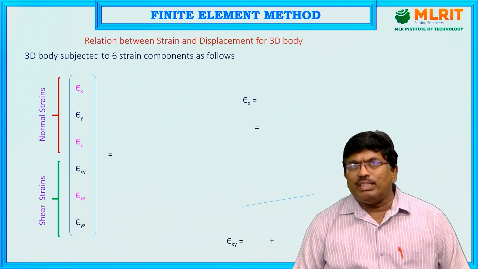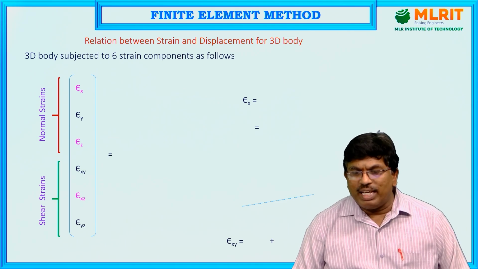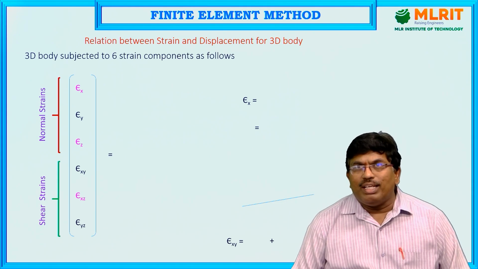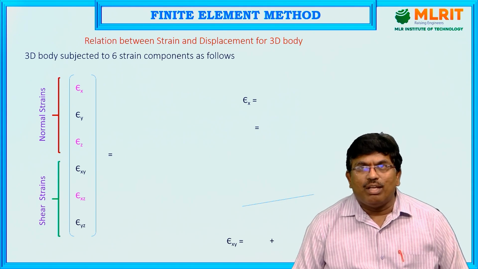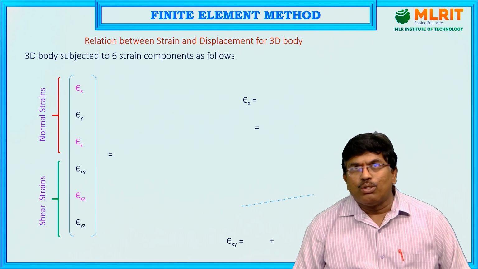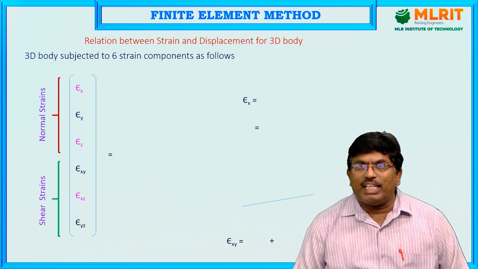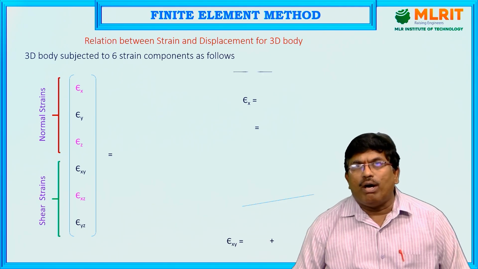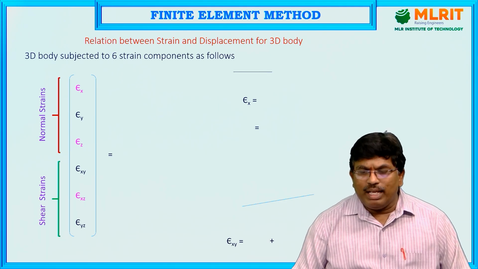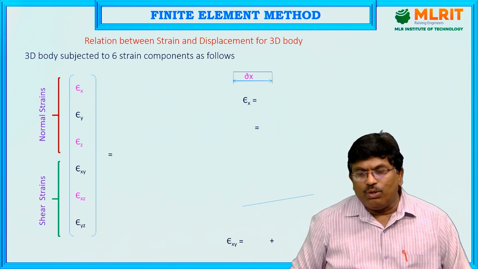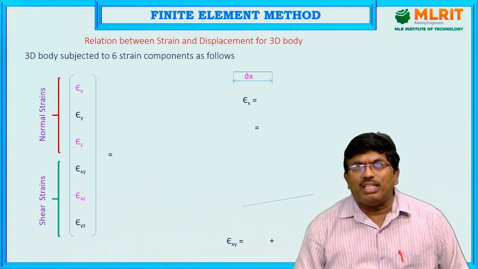First we can see epsilon x, that is the strain in x direction. You know that any engineering analysis starts with differential dimensions. So, to get the strain in x direction, I will take a differential length of a bar or rod, dou x.